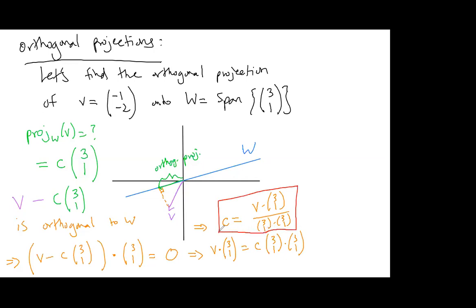This is maybe some review for everyone. For the orthogonal projection, you can forget a lot of this derivation almost, because this is basically the formula we're going to use. So let me erase some of this.